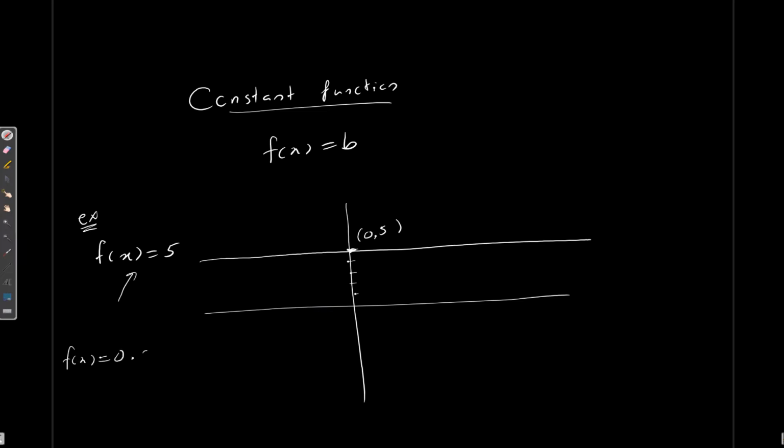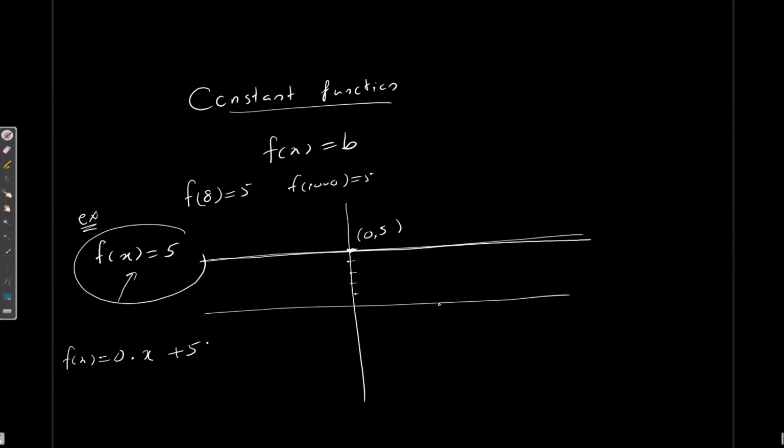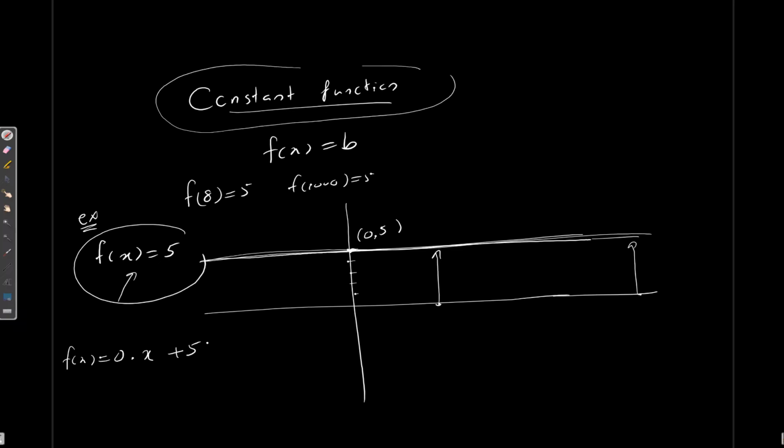Now the slope is 0, and you know when the slope is 0, the line is horizontal, right? So no matter which value for this function, f(8) is still 5, f(1000) is still 5. That's what this graph means. No matter how far you go, it's a horizontal line. That's a constant function, but it actually belongs to linear function, a special case.